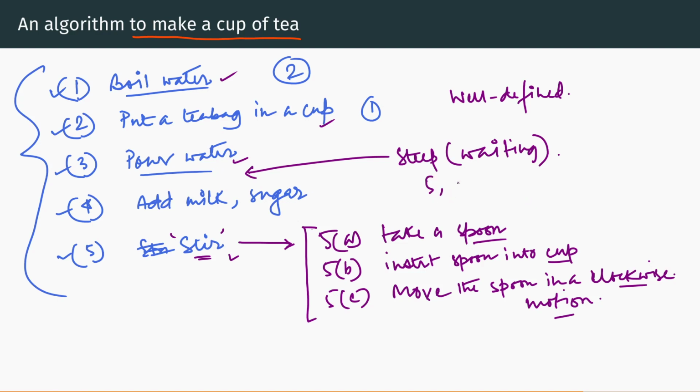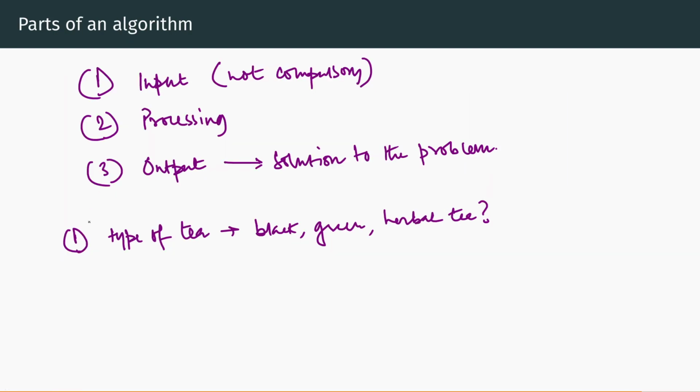You can steep for, I don't know, 3 minutes, depending on what the type of tea is. Maybe you steep green tea for a lesser amount. You steep herbal tea for a larger amount of time. So maybe you steep herbal tea for 8 minutes. So one of the inputs can be the type of tea, and your algorithm will change ever so slightly based on that input. Okay, so these are all inputs.